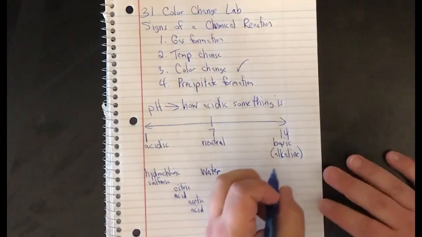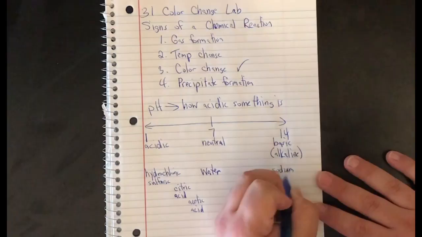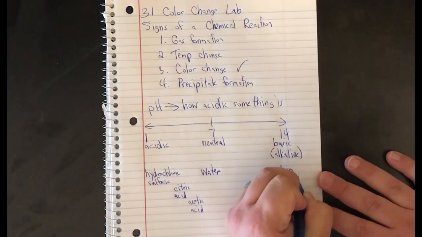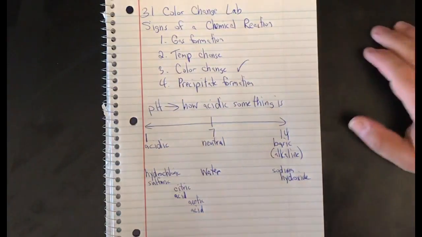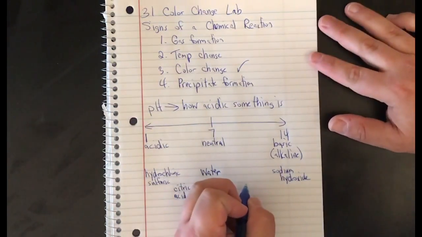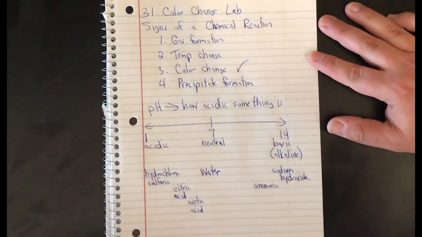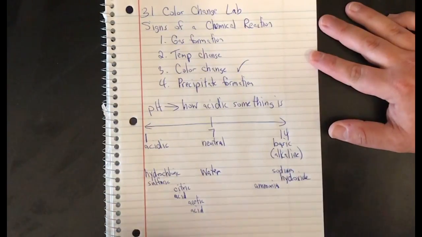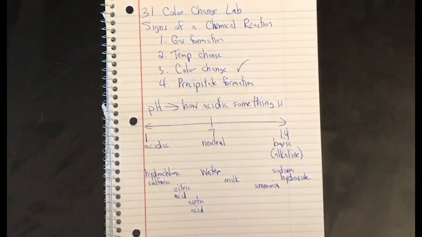On the basic side, the strongest base is a substance called sodium hydroxide, or lye, and it's used in the making of soap and things like that. On the somewhat strong side, ammonia is a base. On the milder base side, milk is slightly basic, but not strongly basic. Okay? So that's what the pH scale is like.